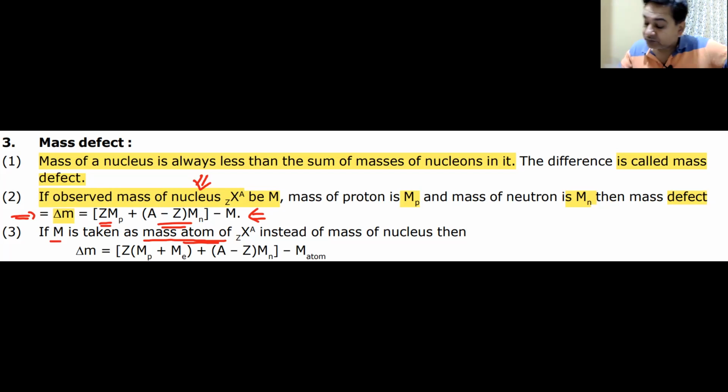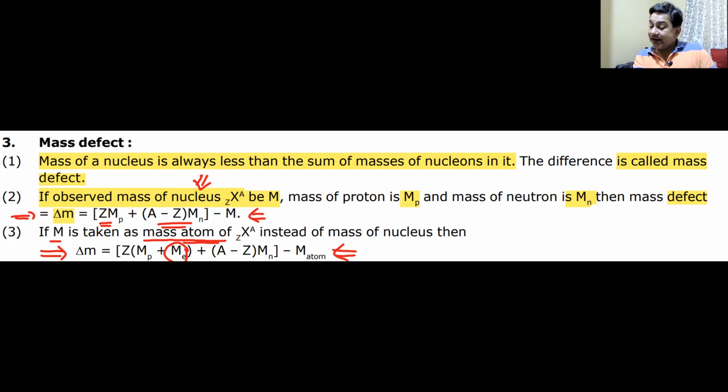If I take the mass of the atom, the formula becomes somewhat different, because the mass of the electrons is also added into it. That is why the mass of the electron part comes here. Because in the mass of the atom the mass of the electron is added, I have to subtract it. That's why the formula looks different.